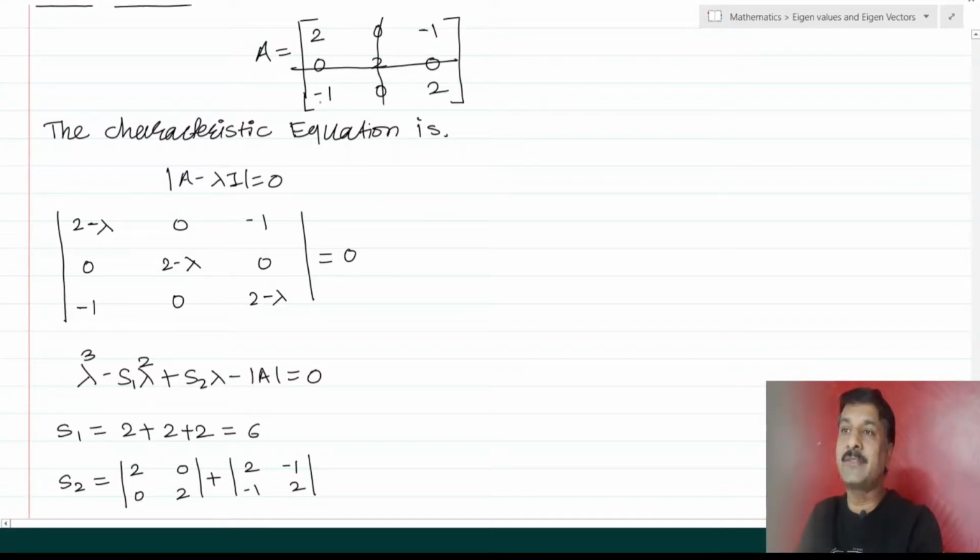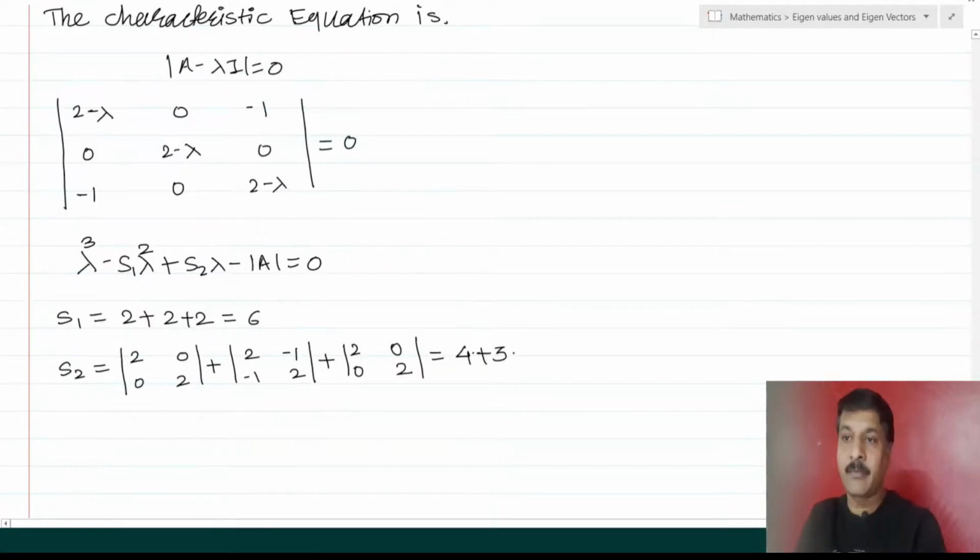So 2 minus 1 2. And the minor of the third diagonal element is 2 0 0 2. So that is equal to 4 plus 3 plus 4, and that is equal to 11.